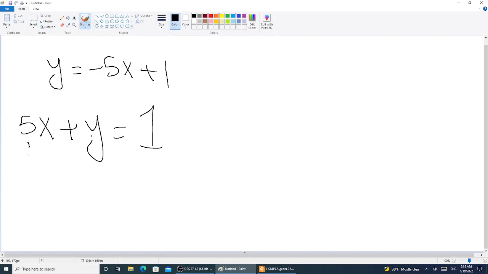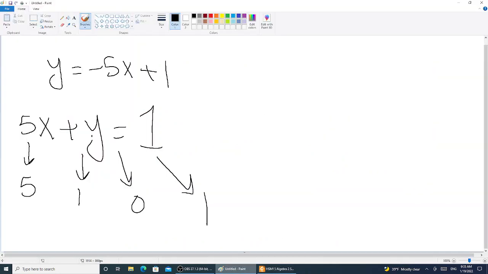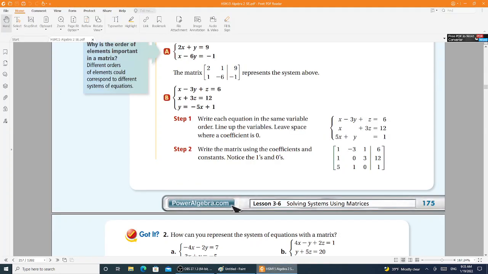So the coefficient of x is 1, the coefficient of y is 1, the coefficient of z is 0, and the constant is 1. So the last row will be 1, 1, 0, and the constant is 1.